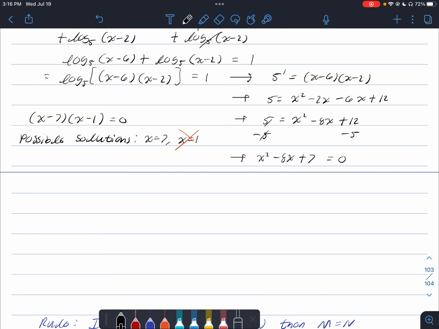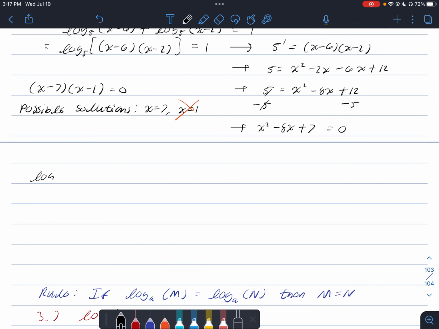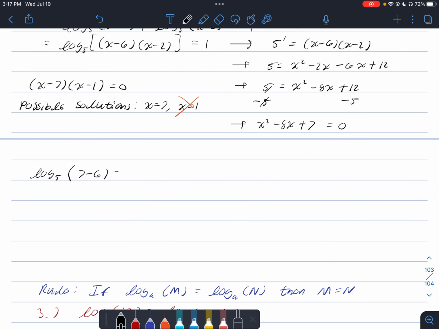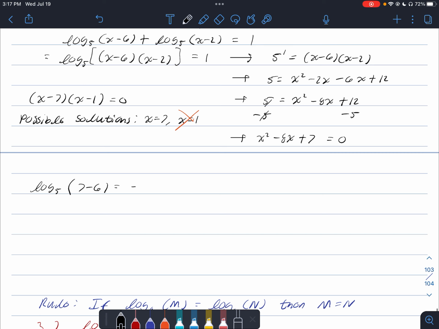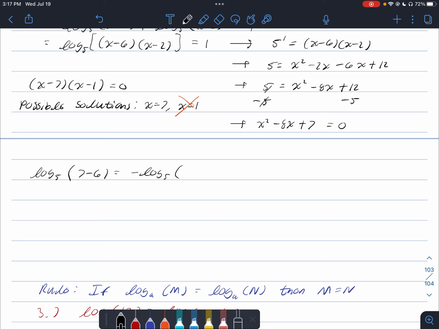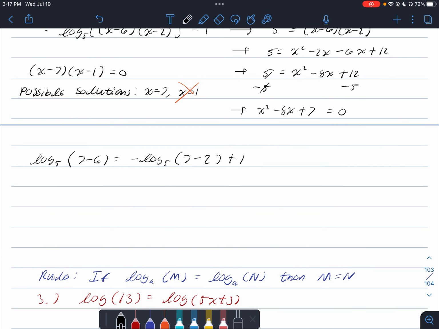So let's confirm, though, that x equals 7 is going to work. Okay? So we have log base 5 of 7 minus 6 is equal to negative log base 5 of 7 minus 2 plus 1. And this is the same thing as log base 5 of 1 is equal to negative log base 5 of 5 plus 1.